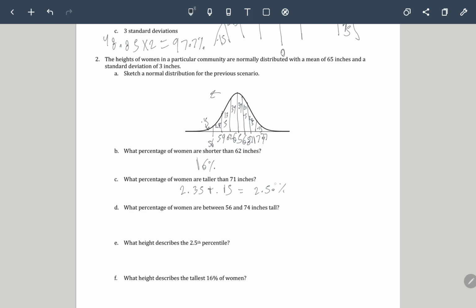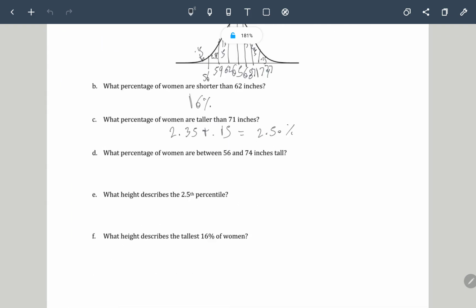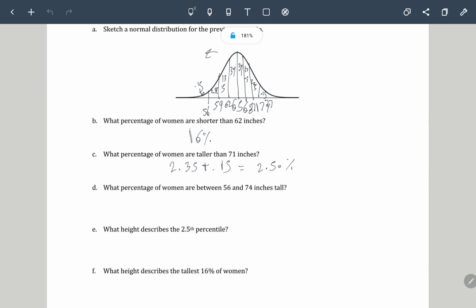So here we can see that 2.50% are taller than 71 inches. So wait up. Wait, that's 68. That's not 71. Wait up. Never mind. I am back. It is. This is correct.